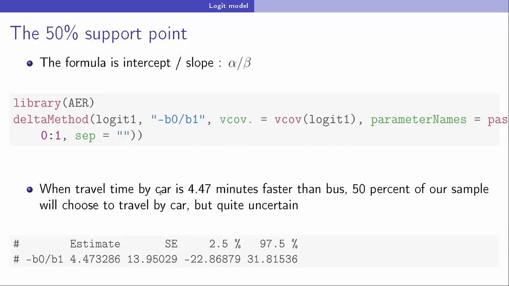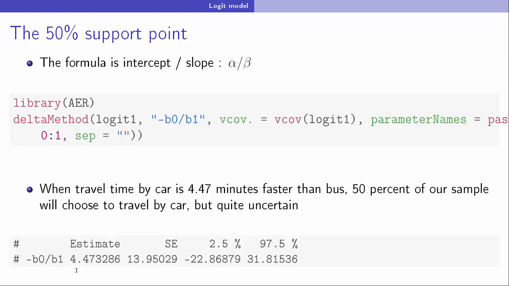The way that we get this, so we know that that's the formula, and we just use this function called the delta method function. So we say, this is the function. We call it on our GLM object, which is here, which is called logit1. I just rename the parameters here, the covariance matrix that we want from logit1, and away we go, and it will spit out our results over here. And the main one that we're looking at here, right, this value here.